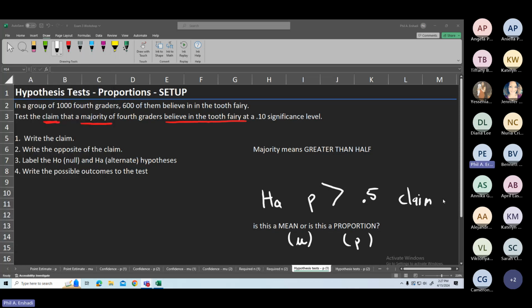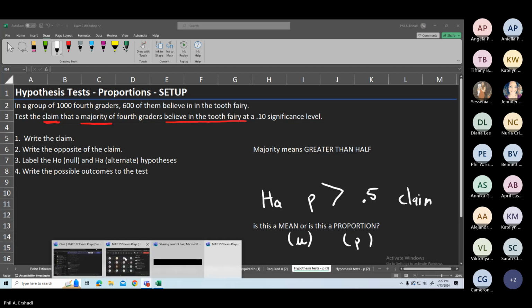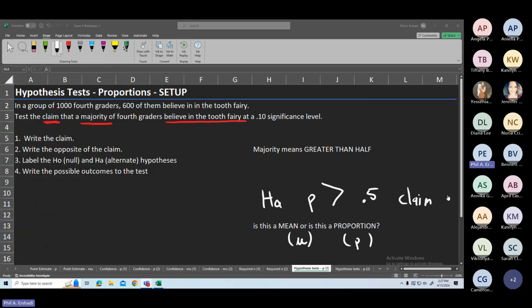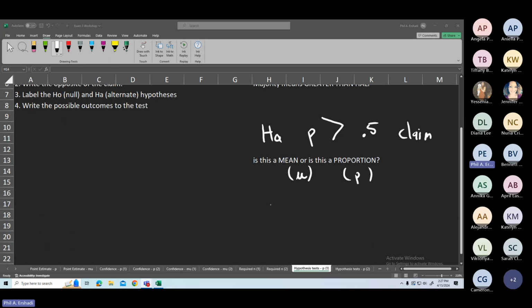Now, that being said here, what is the opposite of greater than? That's step 2. Less than or equal. Very good. Just for those of you who are having trouble seeing this, just remember that greater than is the opposite of less than or equal.